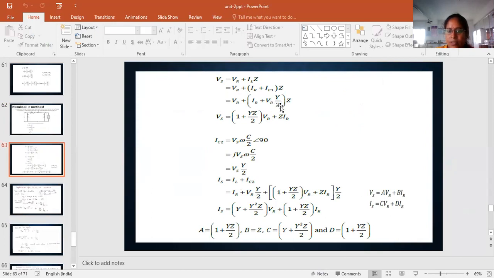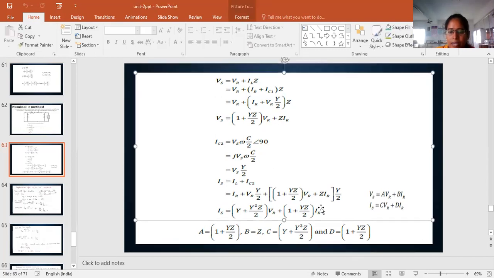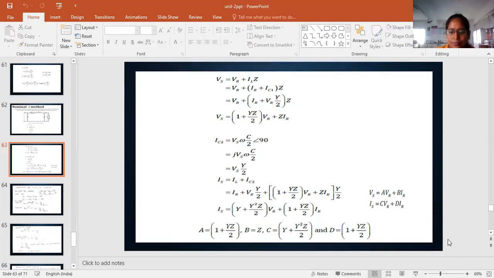So we can find out the Vs value, and by using the Vs value we can find out the Is value also. That Is value is y plus y square into Z by 2 into VR plus 1 plus yz by 2 into IR. So compare that Vs value and Is value with the expressions Vs equal to A into VR plus B into IR, Is equal to C into VR plus D into IR.